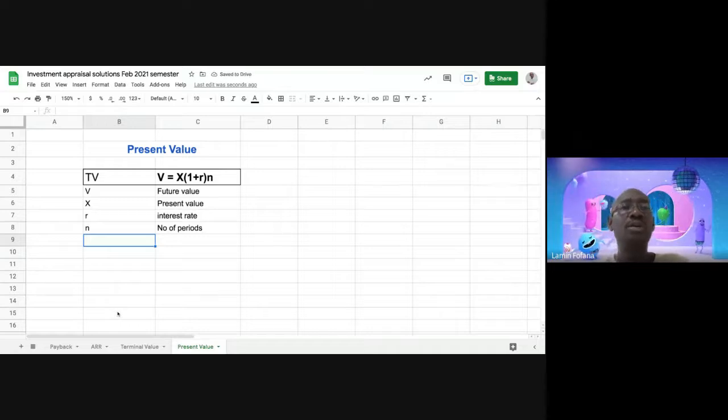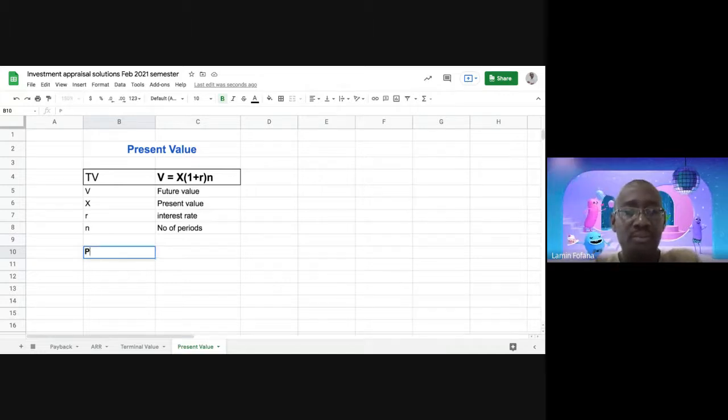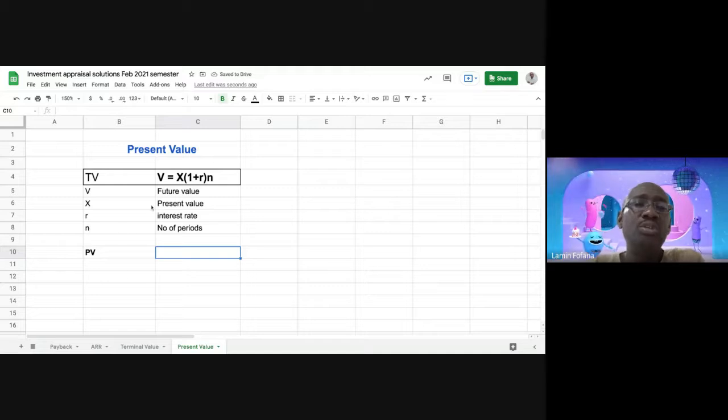This formula here is the formula for terminal value. Now, the formula we want for our present value will be what? It will just be from this formula. So how can we derive our present value formula from here? Who can help?